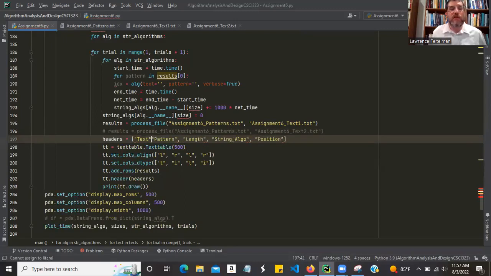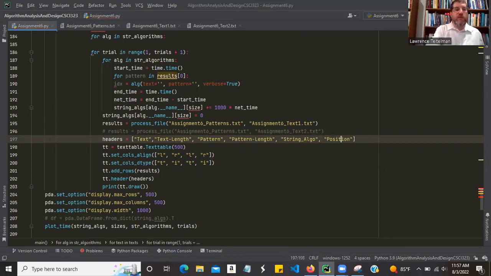And just to be more clear, create another parameter called text length. Call it text length, good. And then change the length after the pattern, just so we know what we're talking about. That's going to be pattern length. And then you got your algorithm there, fine. And then you got the position that it found, that's good.